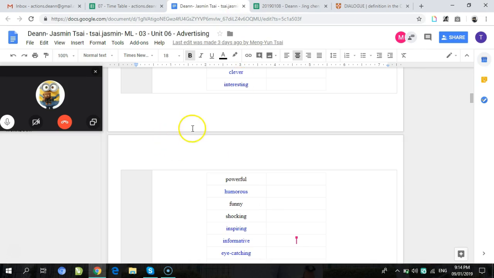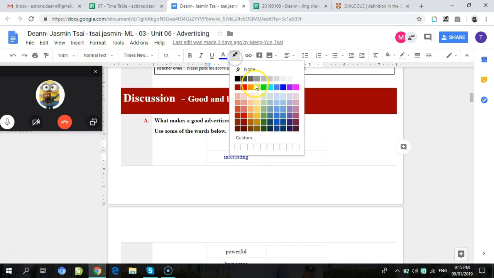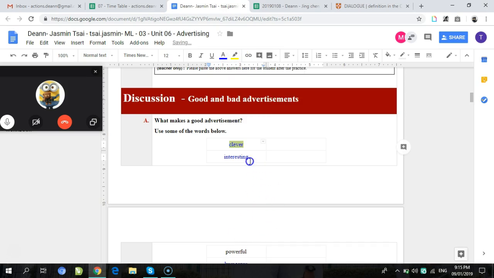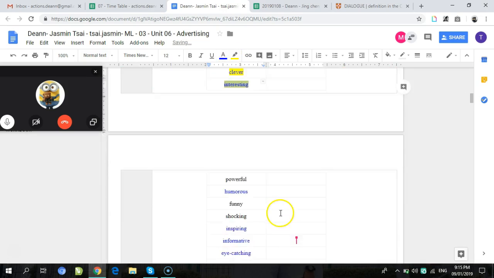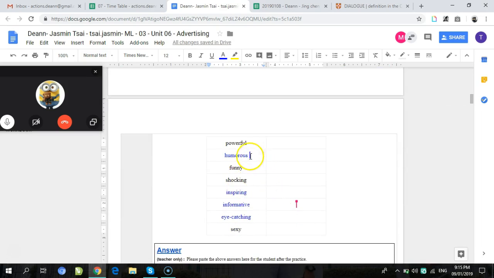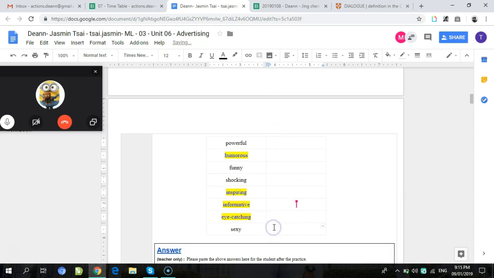Good job. I think an advertisement which has these words that we describe, such as warm, clever, interesting, humorous, inspiring, informative, and very eye-catching, is also a good advertisement. For example, advertisements of cars which mention that we have to take care of our family are important. Is there anything else that you want to add?